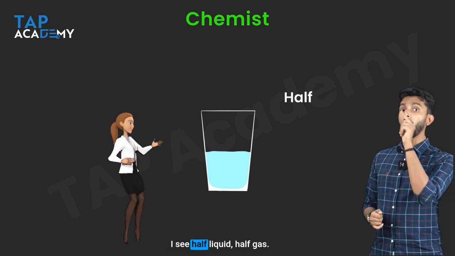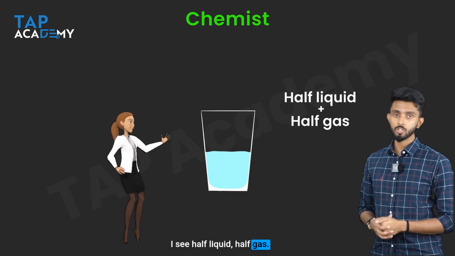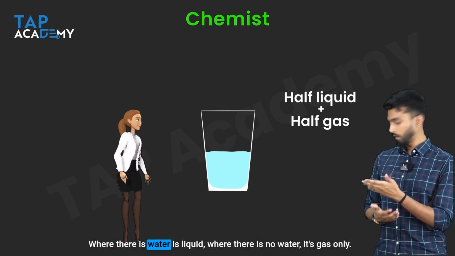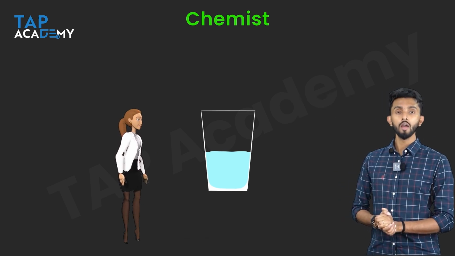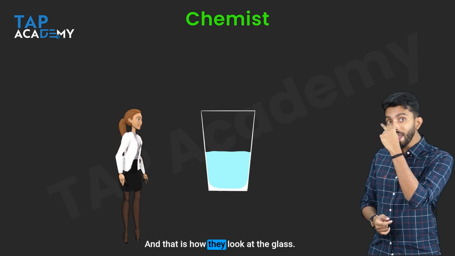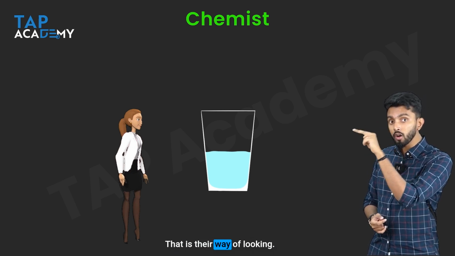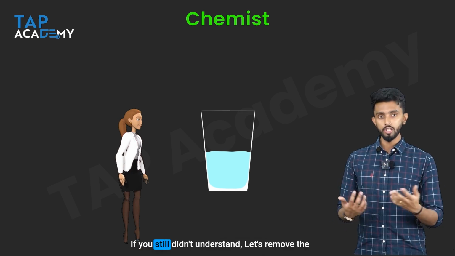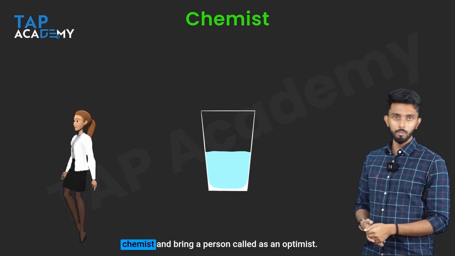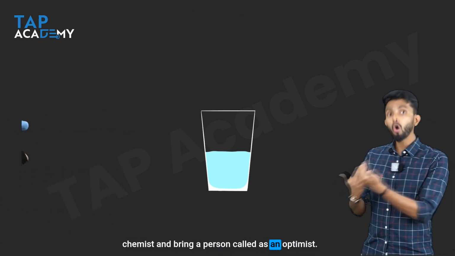I see half liquid, half gas. Correct? Where there is water it is liquid, where there is no water it is gas only, half liquid, half gas. And that is how they look at the glass, that is their way of looking, that is their perspective, that is their orientation.